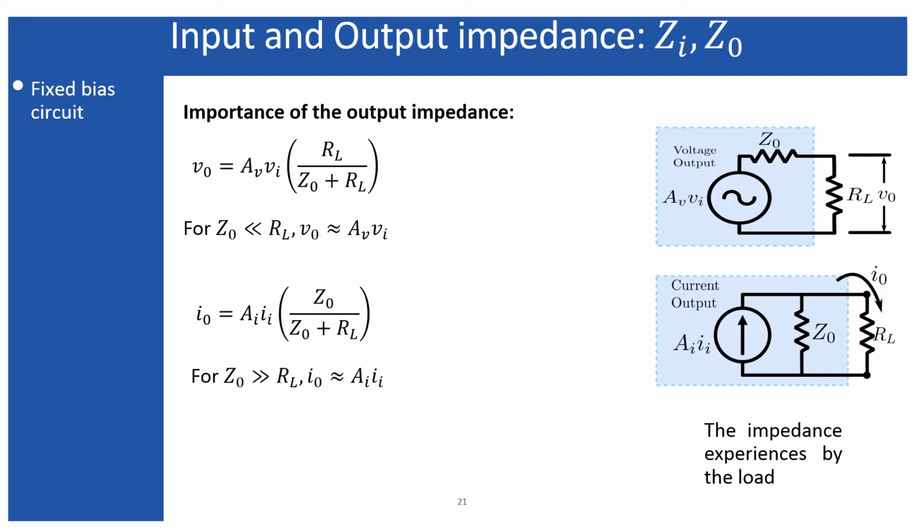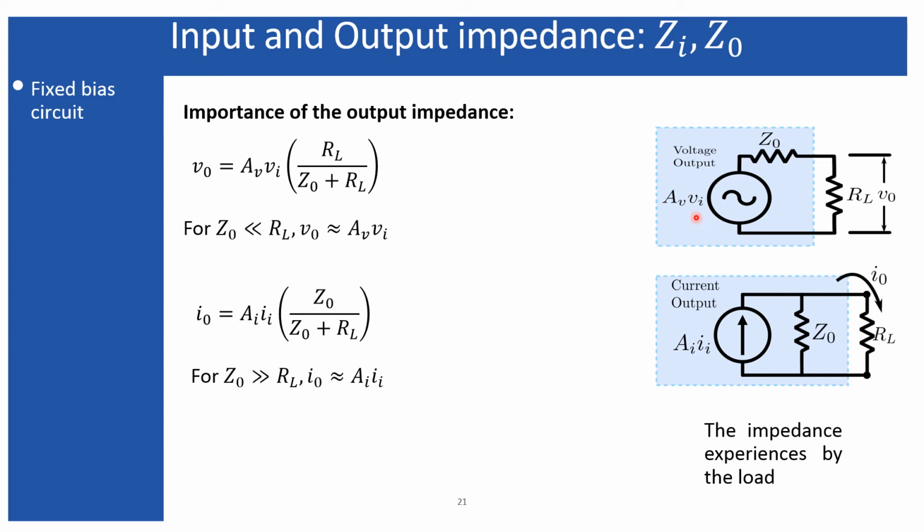Importance of the output impedance. Let's consider that this is a device, and within this device, it is a voltage device which is amplifying the input voltage, and it is producing the output voltage, which is an amplified version of the input voltage.